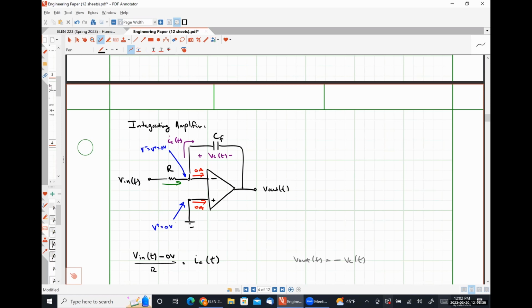So, what's the range of human hearing? Anybody have any thoughts on that? So the lowest frequency that humans can hear is somewhere in the ballpark of 25 hertz. And the highest frequency that most humans can hear is somewhere in the ballpark of 20 kilohertz.